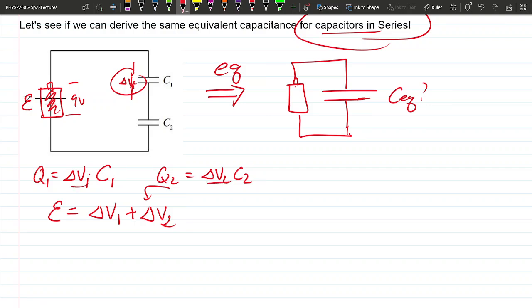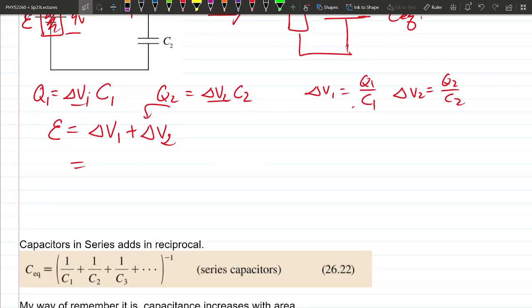So delta V1 is going to be Q1 over C1. Delta V2 is going to be Q2 over C2. So we're going to replace that: Q1 over C1 plus Q2 over C2. That's the EMF, okay?